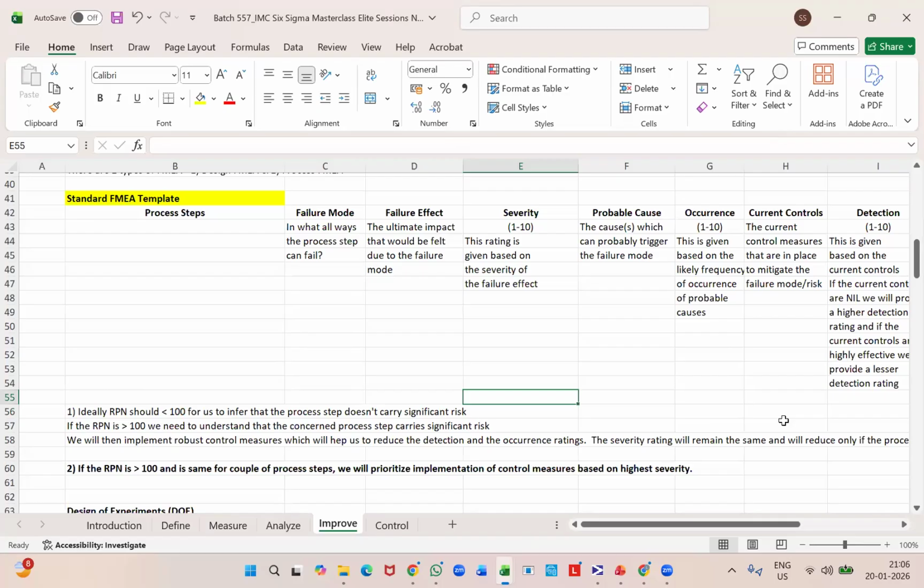So we can follow this step, but if you find it challenging, if you're not able to make a start, you can always discuss. I can understand your process, and then I can suggest how this can be done. Otherwise, I can send you the FMEA example that I have separately to the common WhatsApp.